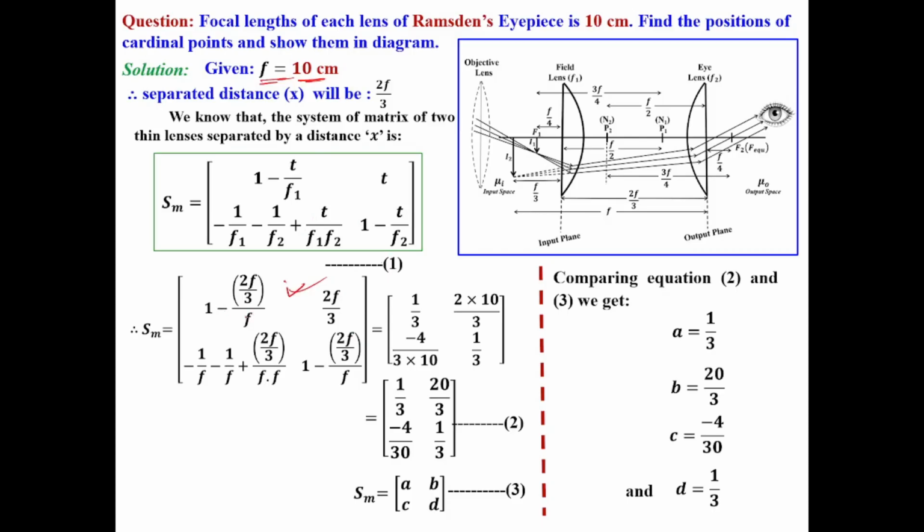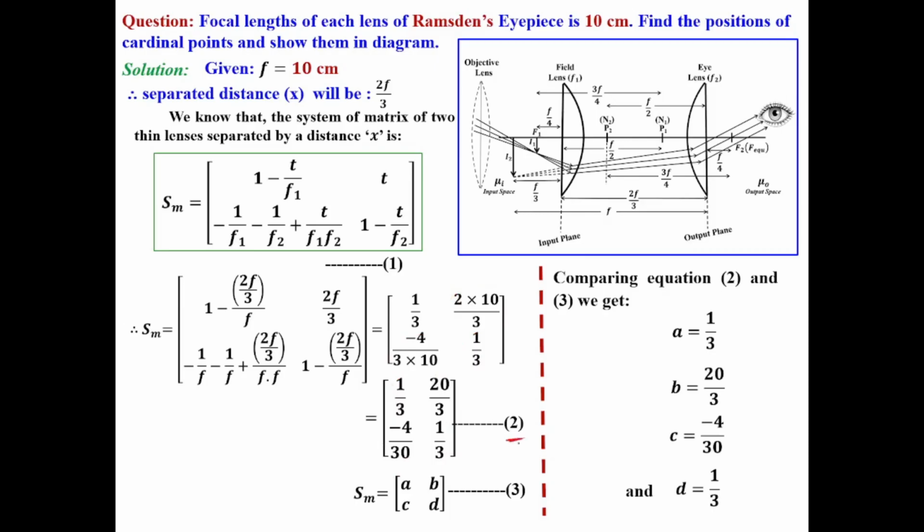F gets cancelled. 1 minus 2/3 is nothing but 1/3. Here this element is also 1/3. Here 2f, f is 10, the value given in the question. So 2 into 10/3. You just calculate this much value, and you can find minus 4/3 into 10. So this is 1/3 written as such. This will be 20/3, and this will be minus 40/3, and the fourth element is 1/3.